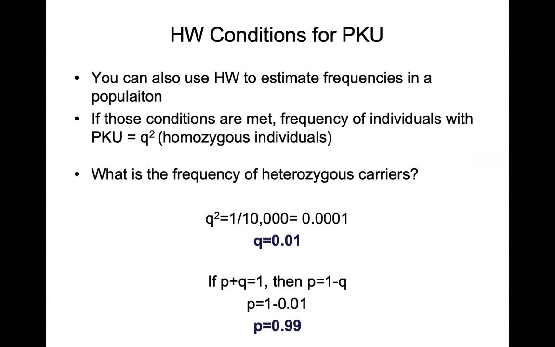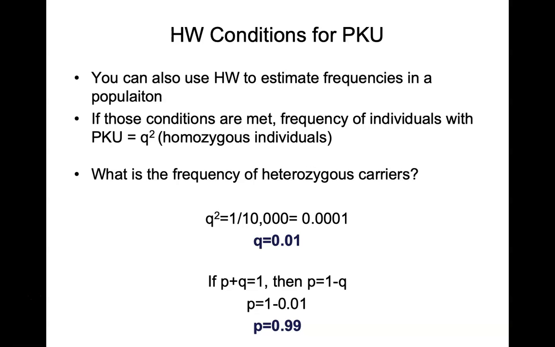If you know the number of individuals with PKU, you automatically know a couple of things. You know the frequency of individuals with the homozygous recessive genotype, because PKU is a recessive disorder.